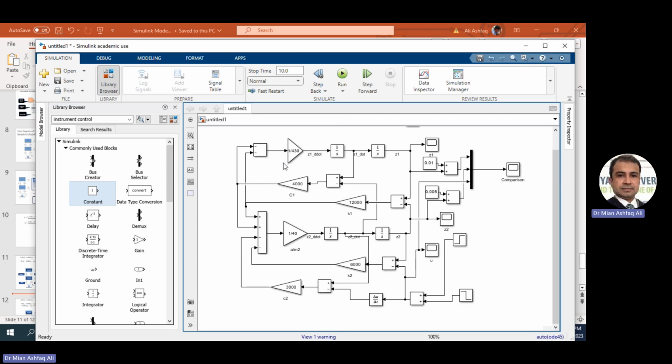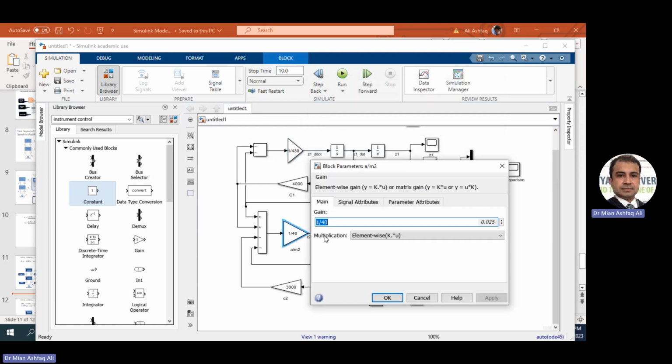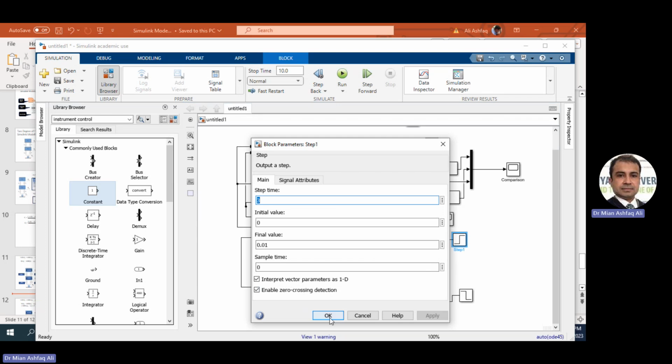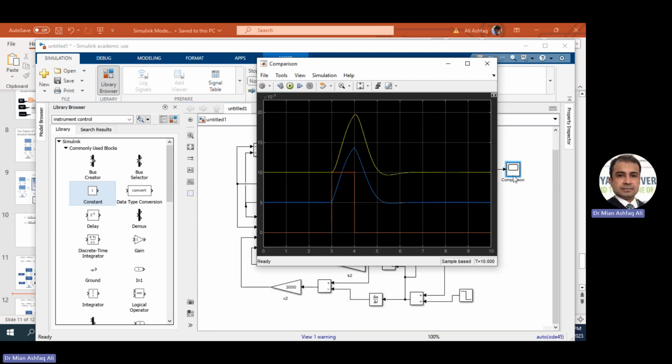So this is the model. You can change any value. For example, in real time, you can increase the mass of M1, you can increase the mass of M2, you can change the stiffness, you can actually change the magnitude of the step input and whatever you want to see. And so the result will actually be shown.